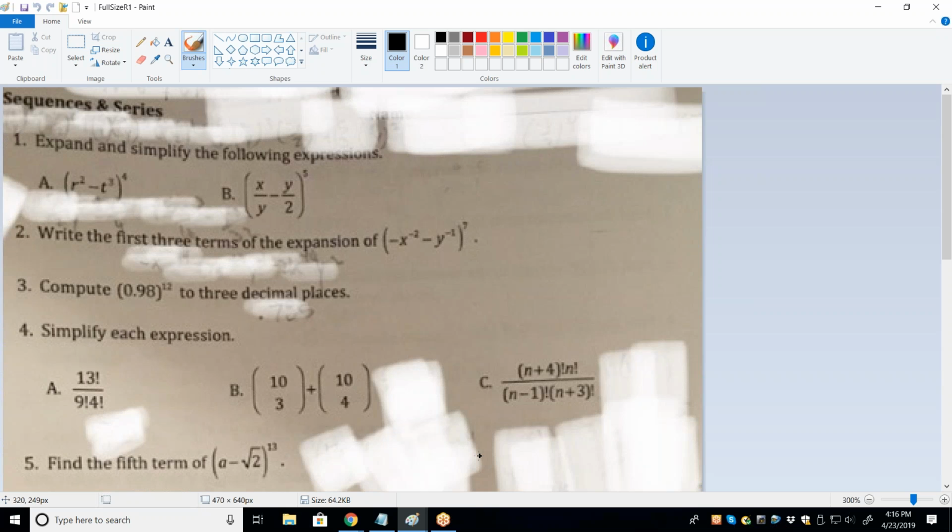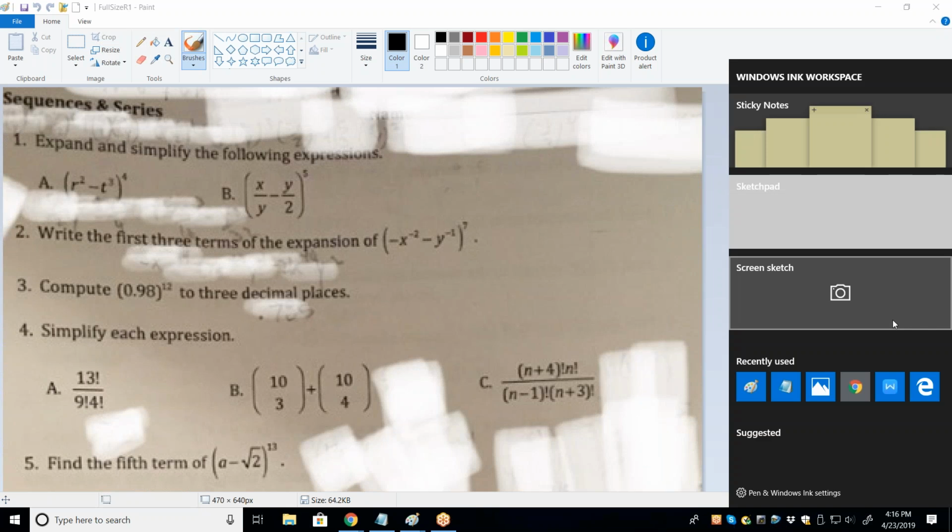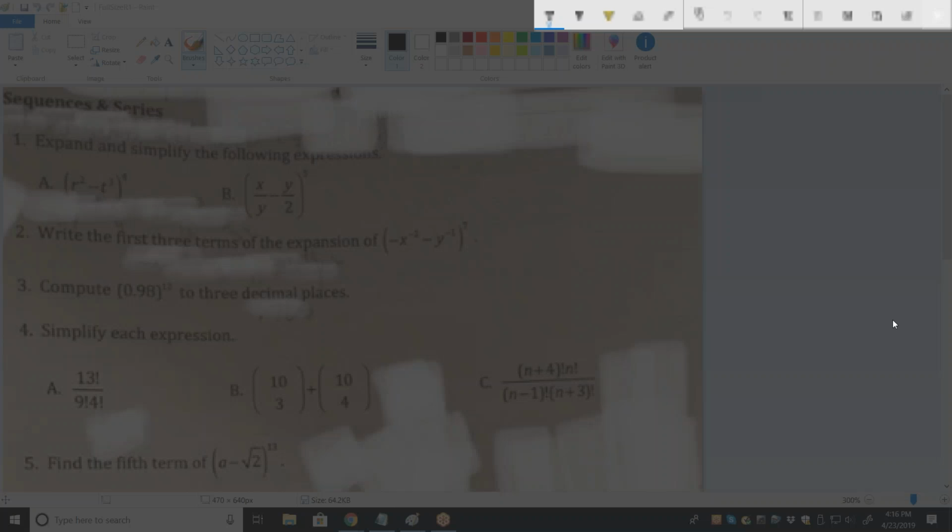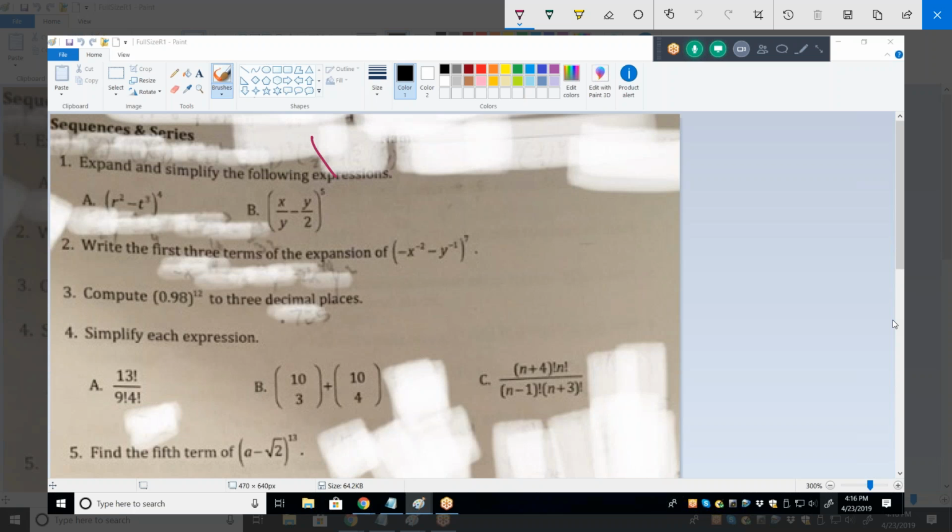The binomial theorem says if you expand x plus a to some power, n, an integer power, what you get is n choose 0.